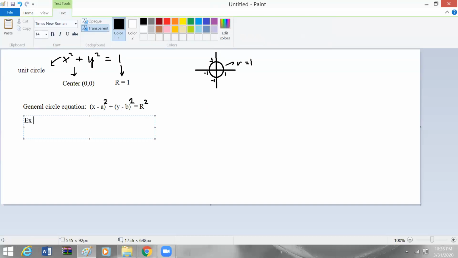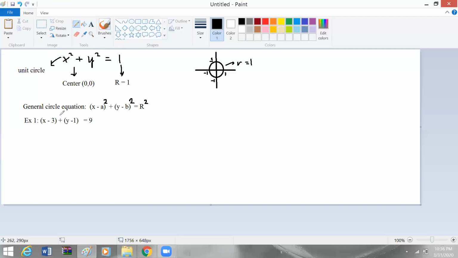So for example, we look at example 1 where we have x minus 3 squared plus y minus 1 squared equal to 9. We can literally see the center that we're going to have, of course, we have to take the negative of that part.